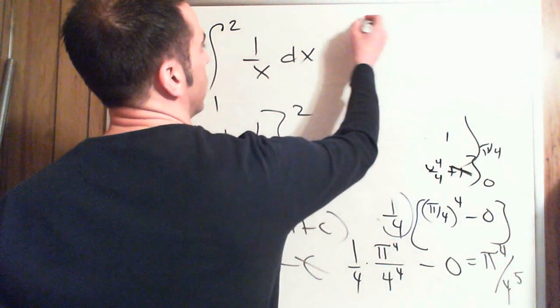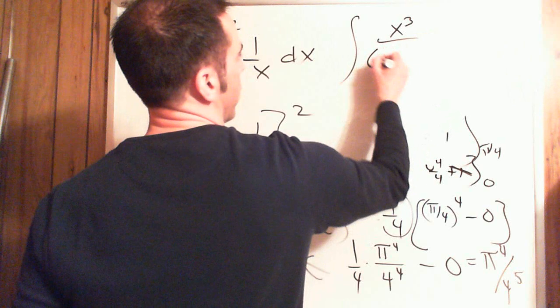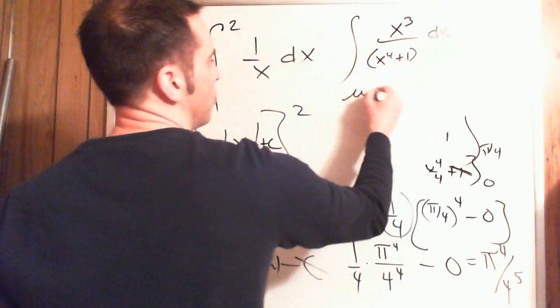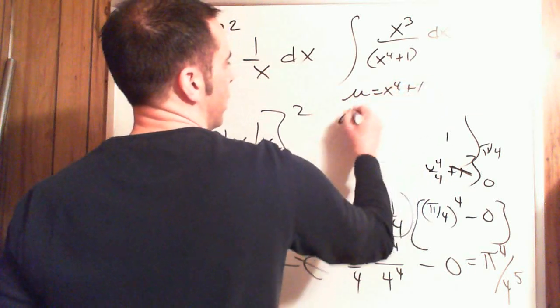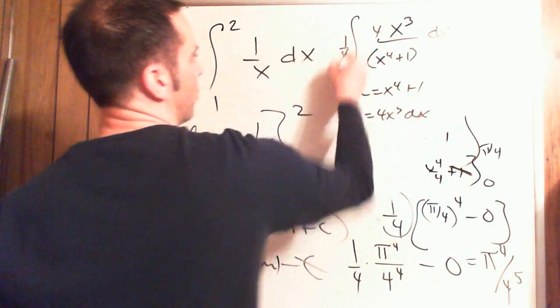When you do something like x cubed over x to the 4th plus 1 dx, if you choose u to be x to the 4th plus 1, du equals 4x cubed dx, put a 4 in, take a 1/4.